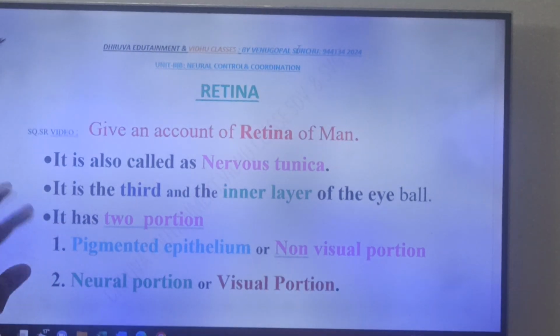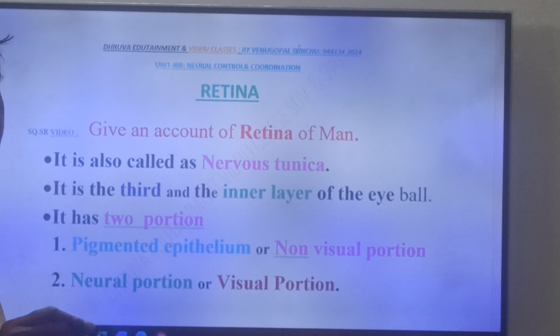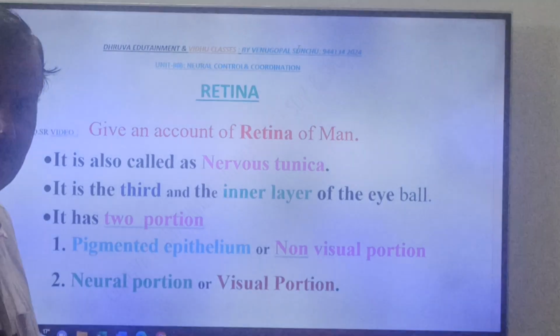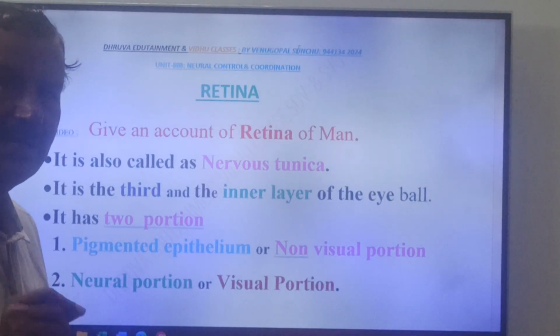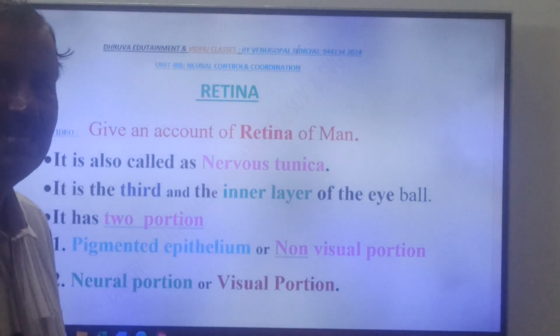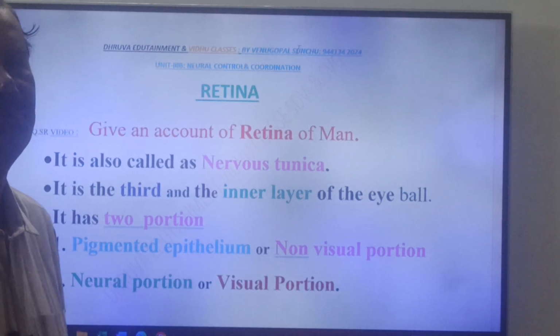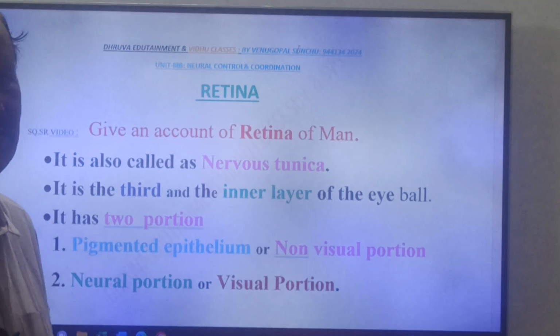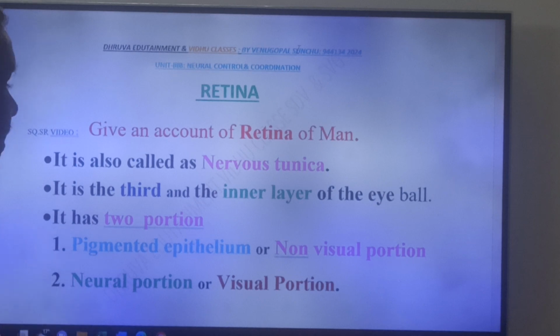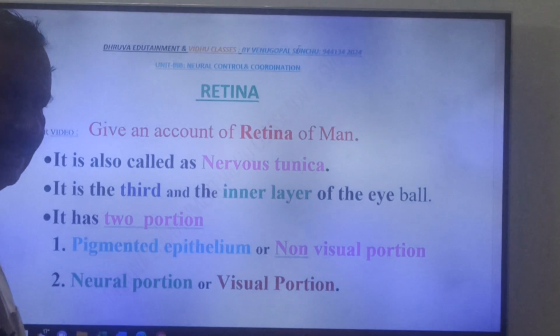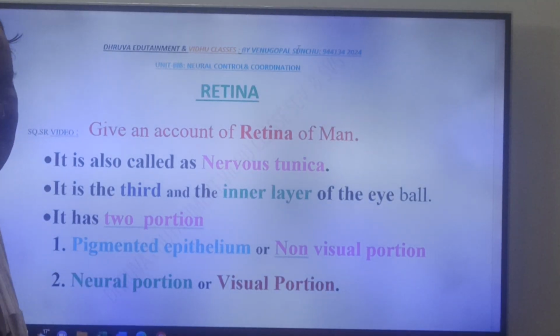See, friends, eyeball has three layers: outer sclera or fibrous tunica, middle choroid or vascular tunica, inner retina or nervous tunica. So the innermost or third layer of the eyeball is called what, friends? Retina. It is also called nervous tunica.